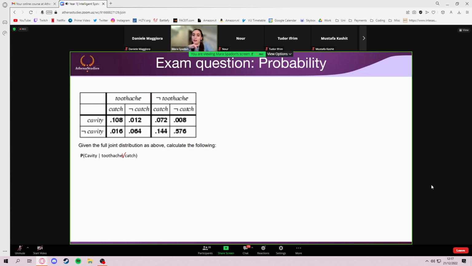Sorry, guys. I think I added the notation in incorrectly, but it is indeed or.